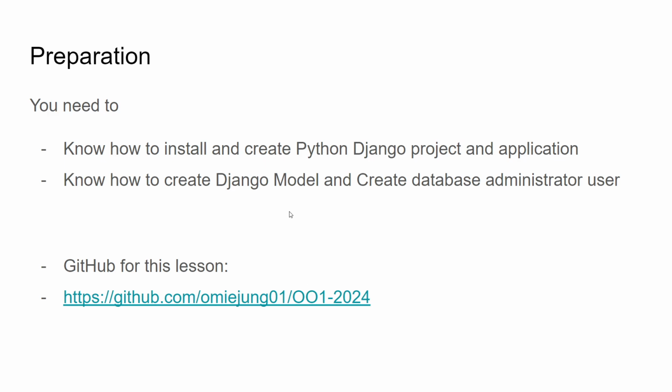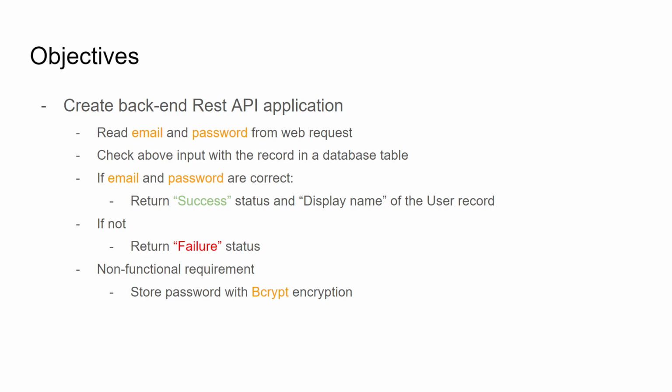Okay, so what is bcrypt anyway? The bcrypt encryption means you cannot store the password data right away, right? I mean, it's not the way to do it. So when we store the encrypted data, even though the database admin sees the password, they will not know what the real plain text password is.